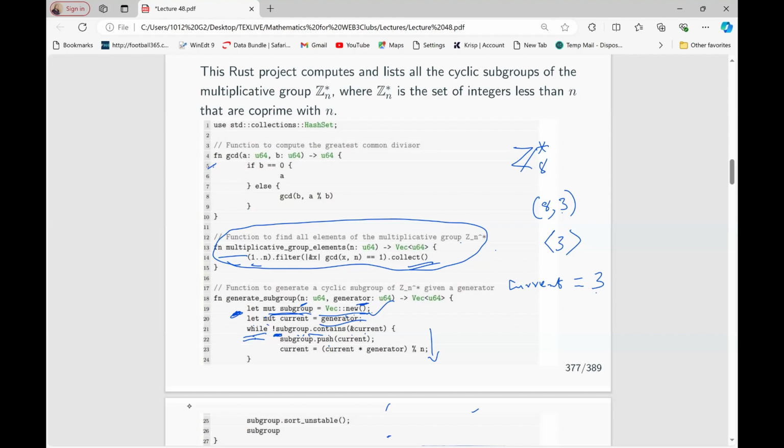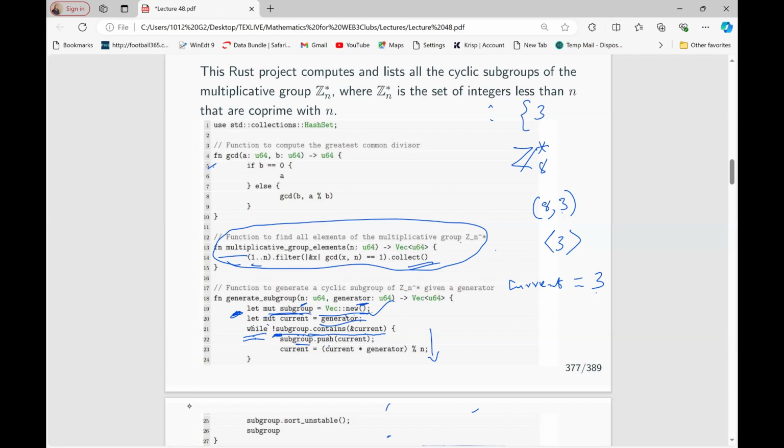And again, that is to avoid having duplicates. So we wanted a subgroup generated by 3. We are pushing 3 there.